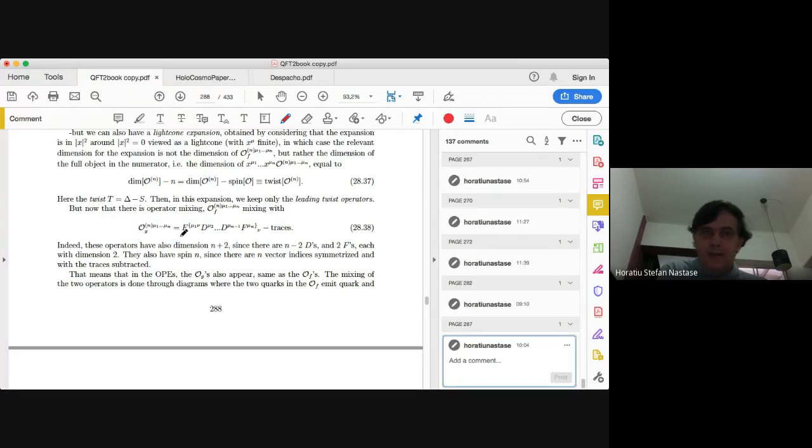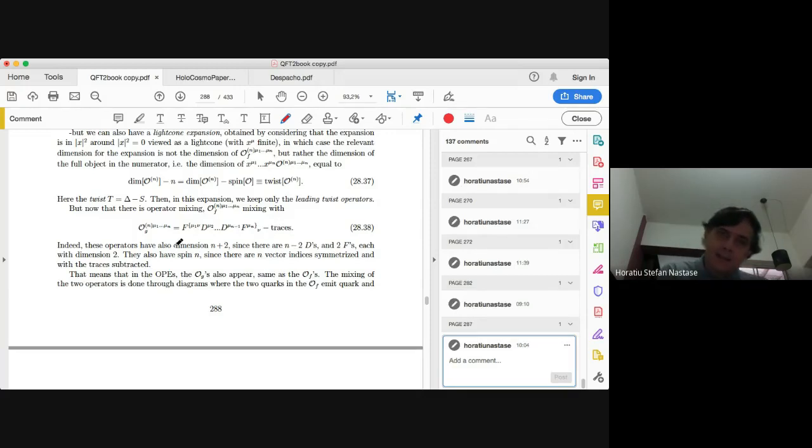That is, and to make it gauge invariant, at the end I have to have field strengths. So F mu1 nu at the one end, and at the other end F mu_n nu, with covariant derivatives in the middle and symmetric traceless.